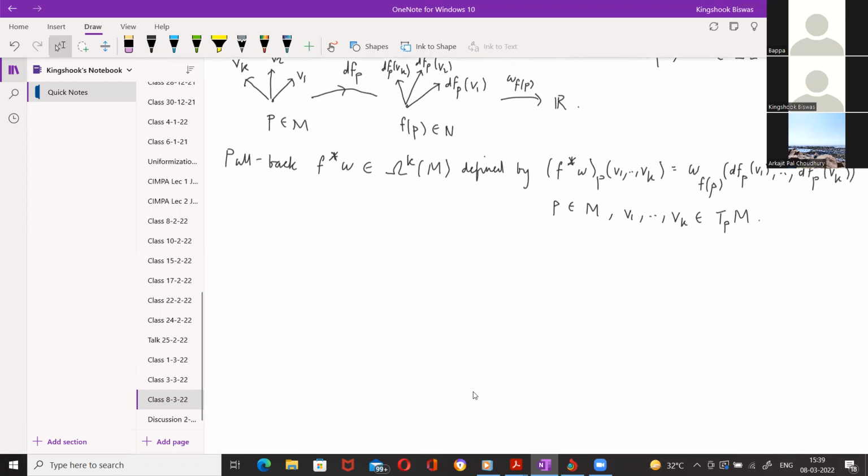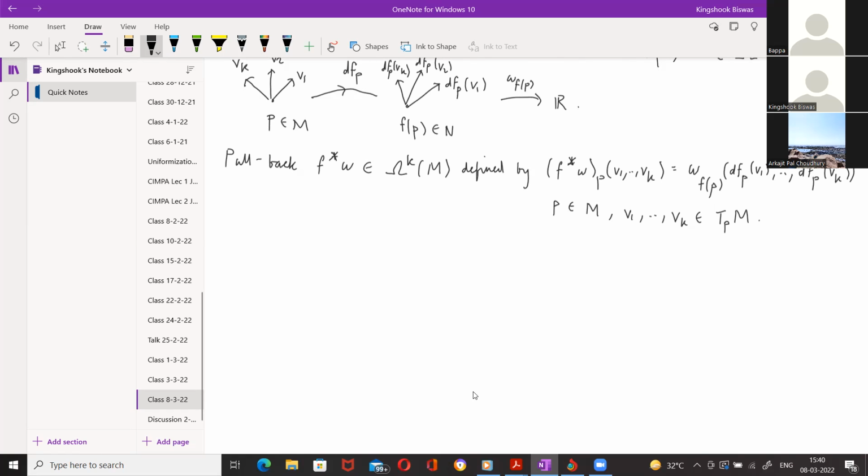Now, suppose I have my manifold M and I have a K form, then I can integrate that over what are called singular K cubes.